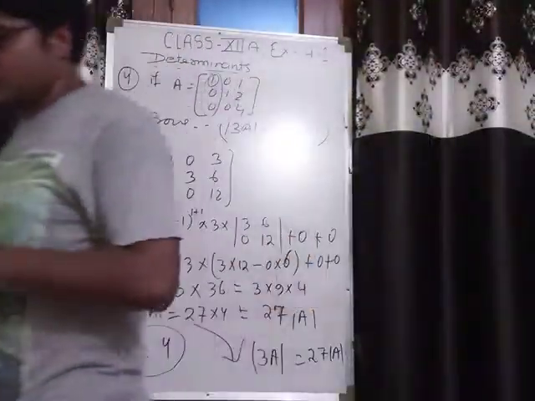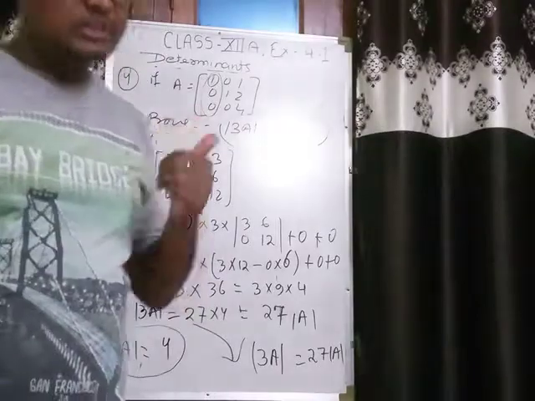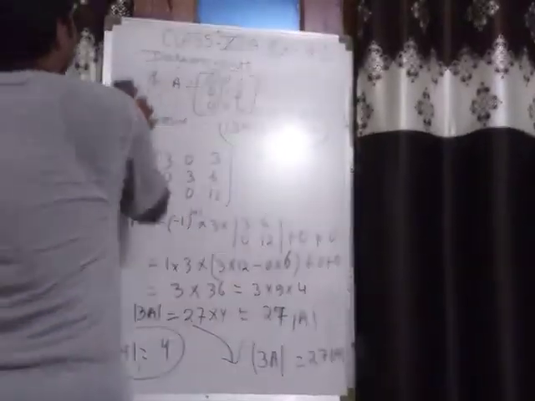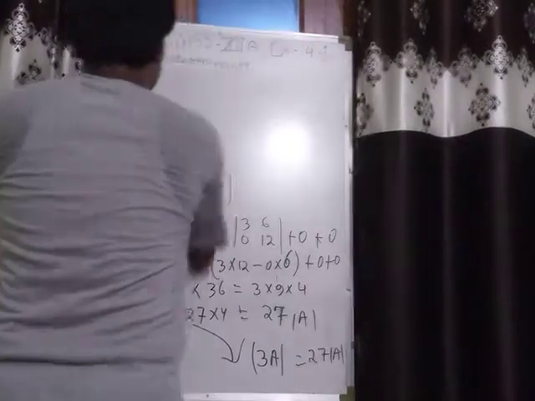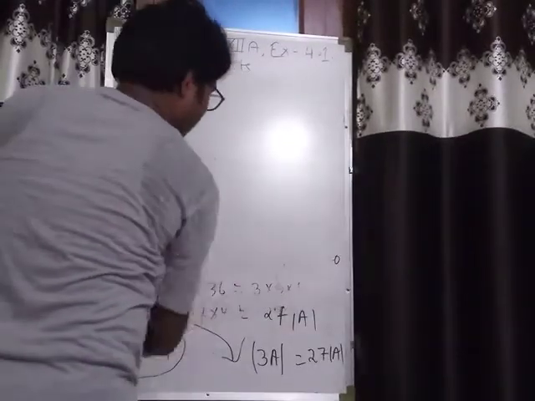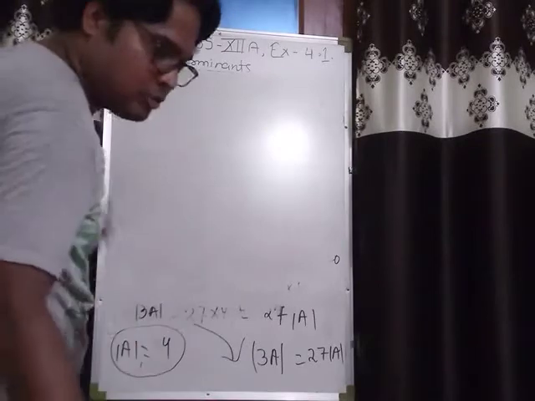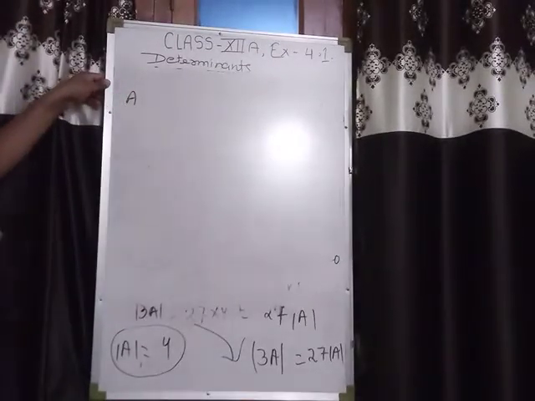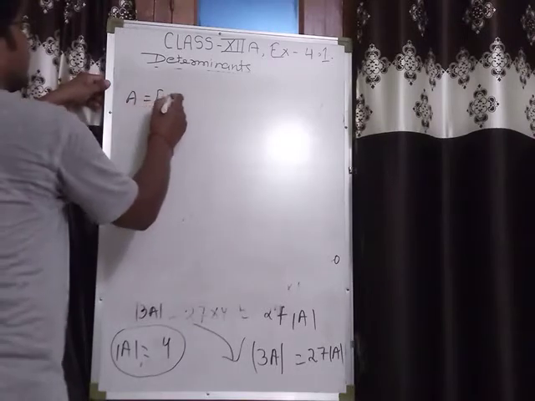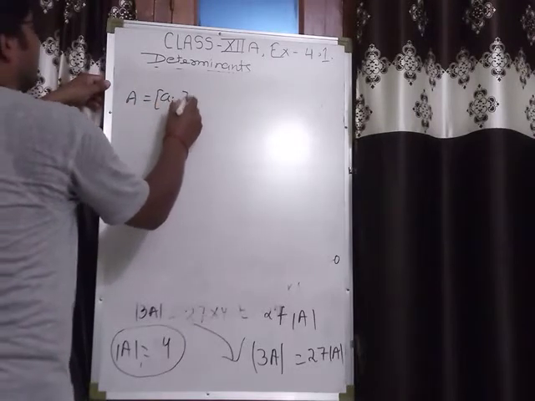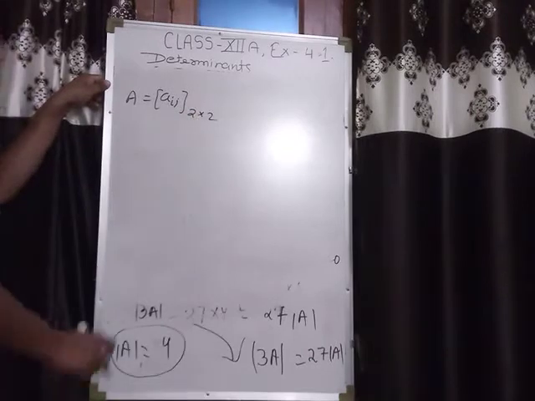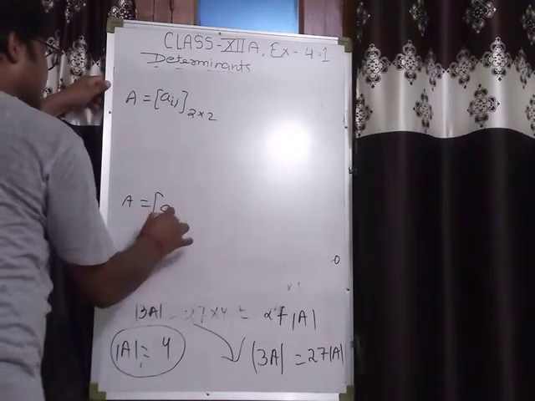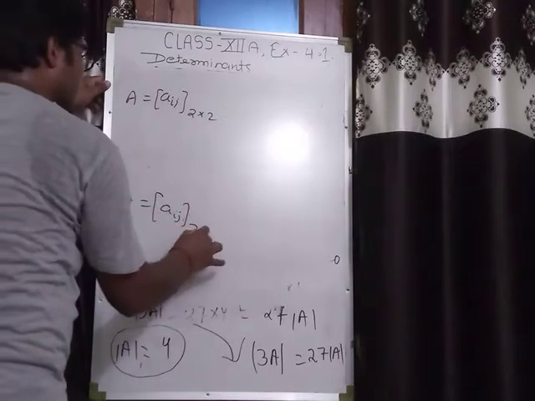So from question number 2 and question number 3, you can observe, I am going to write here what you observe. In question number 2, A is a square matrix of order 2, and in question number 3, A is a matrix of order 3.